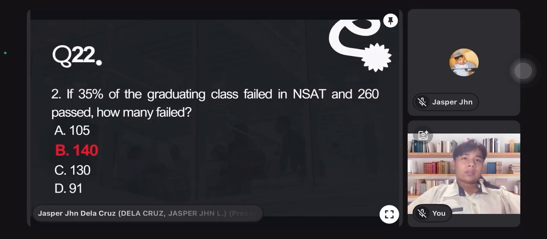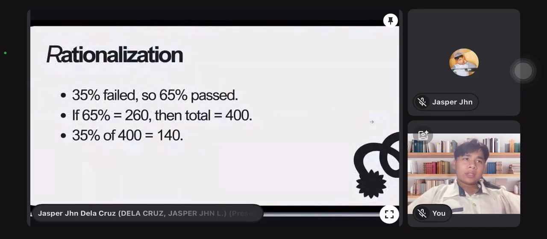140. So why 140? It says in the question 35% failed and 65% passed. So if 65% is equal to 260, then the total is equal to 400. So 35% of 400 is 140.